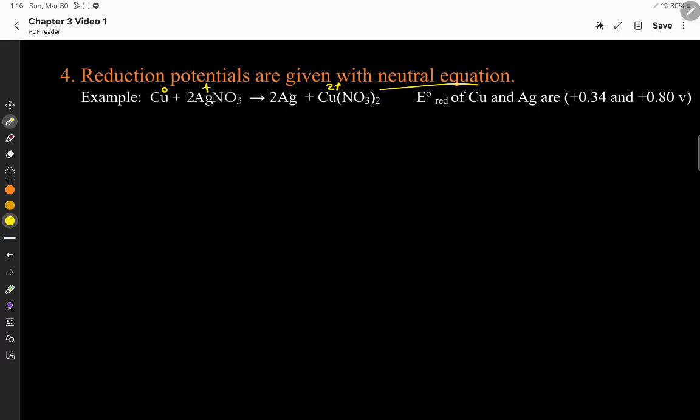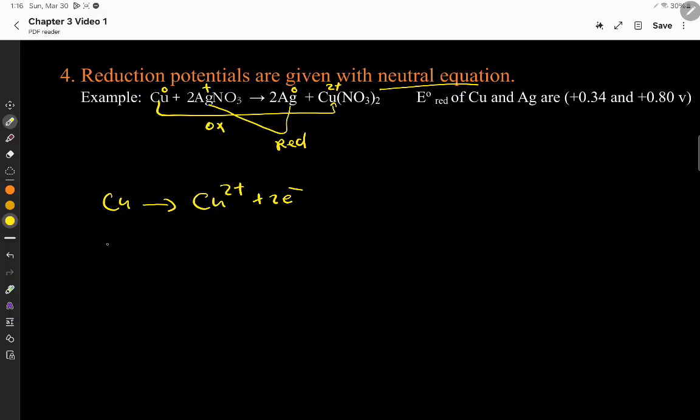Ag positive becomes 0. So what happened to copper is oxidation. What happened to Ag here is reduction. So the reaction at the anode will be copper to copper positive plus 2 electrons, and the reaction at the cathode is Ag positive plus 2 electrons to Ag.